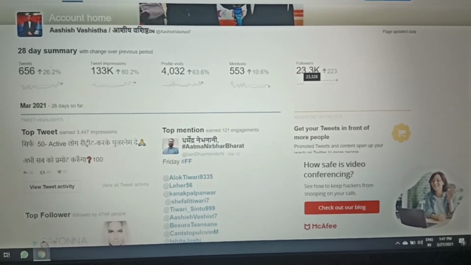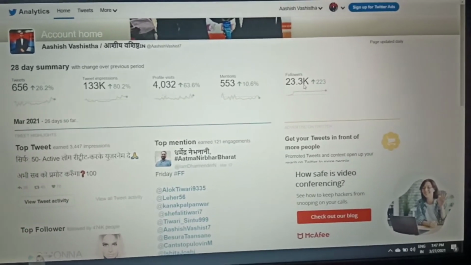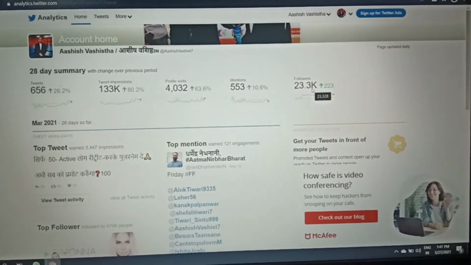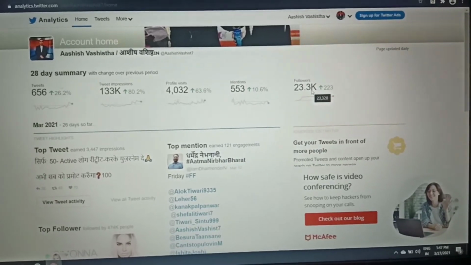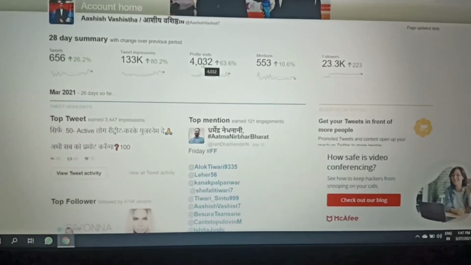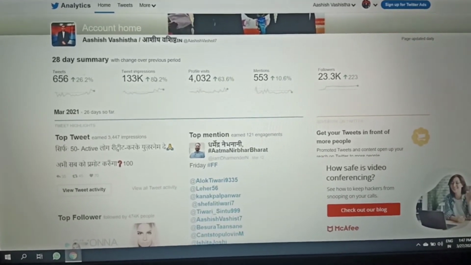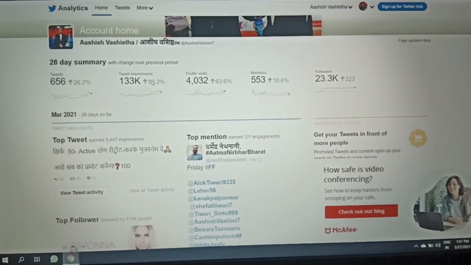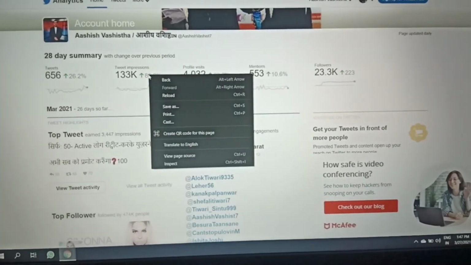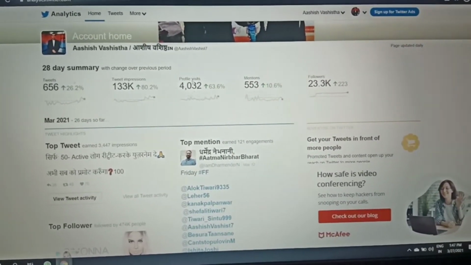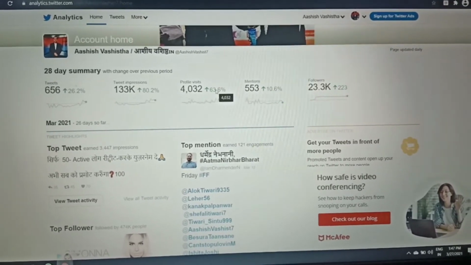Right beside it, you can see my profile visits, which have increased by 63%. My profile visits for this month, that is March, are 4,032. My total engagements, and this is really amazing, 1,33,000 total engagements in just 27 days.